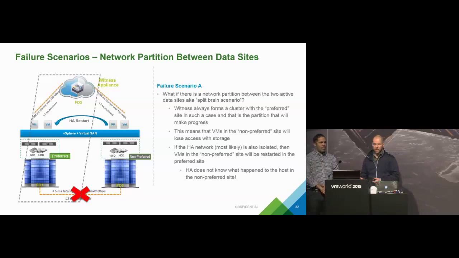So what's going to happen in this scenario? Well, you have the witness object, which actually sits in the third site, and a witness object will form basically a subcluster with the preferred site in this scenario, and the virtual machines that are part of the non-preferred site will be automatically restarted in the preferred site itself. So keep that in mind, that in this case, the virtual machines will be restarted.